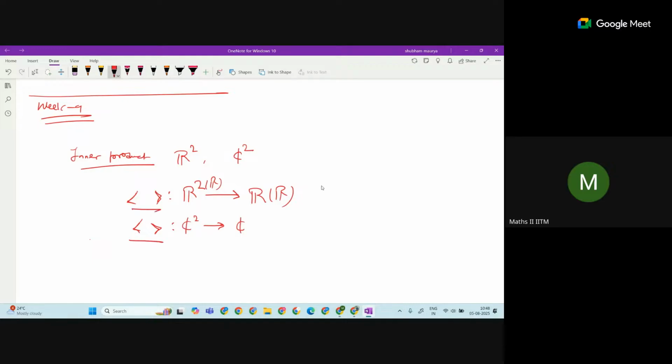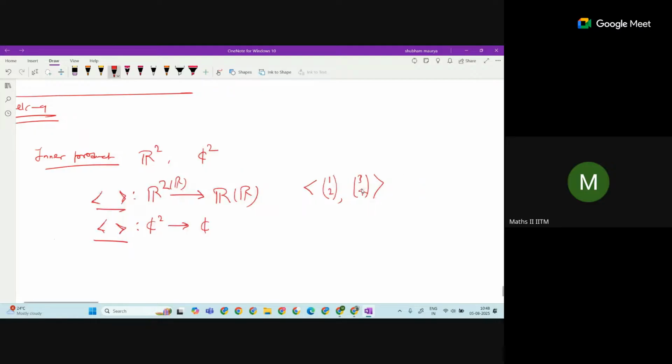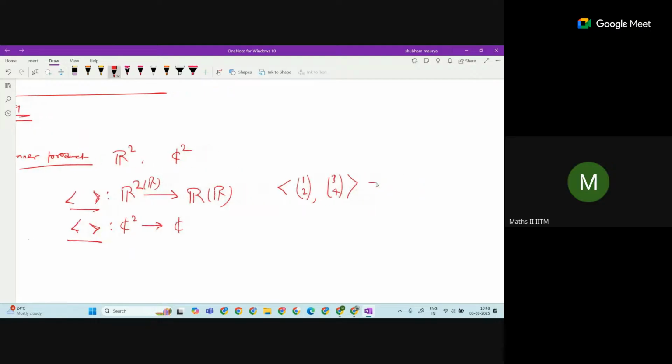It is defined like one vector, comma, another vector. Let's say I'm giving 1, 2 and 3, 4. This is the function, and how it is defined is given. So let's say I'm giving x1, y1 and x2, y2.